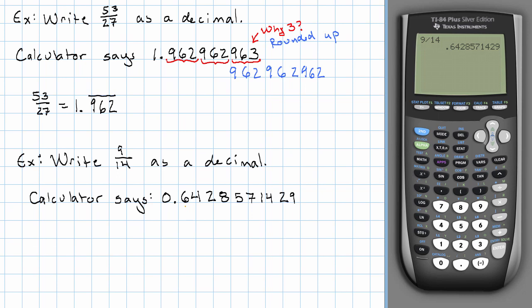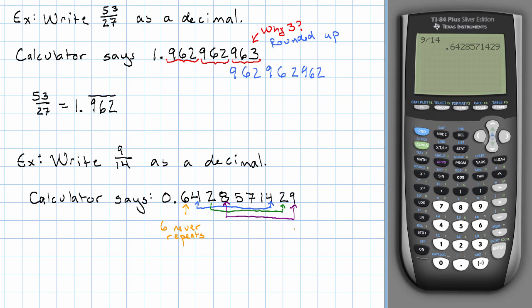The first digit I see is a 6. That never repeats. The next digit I see is a 4. Over here I see another 4. The digit after the 4 is a 2. So far, so good. And then, well, I see an 8 and a 9.